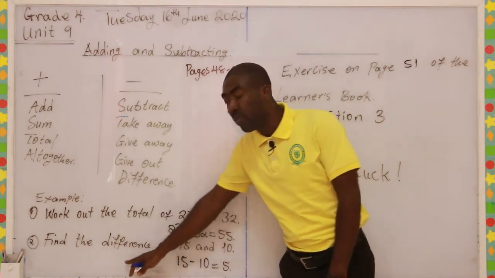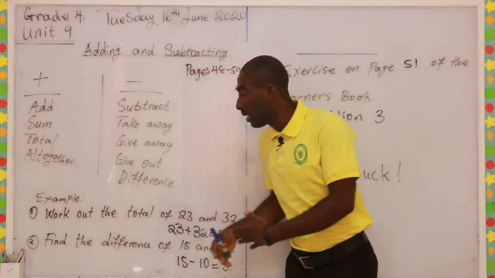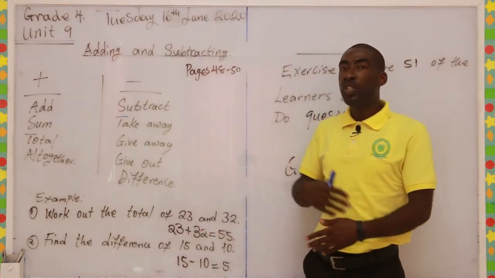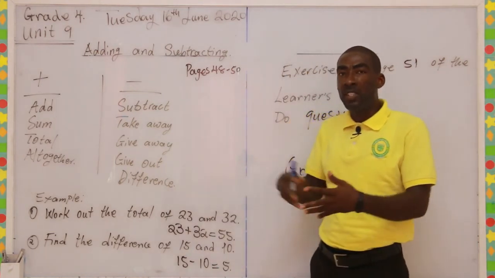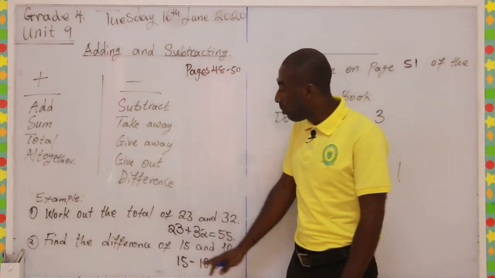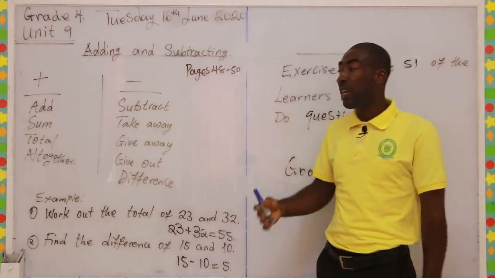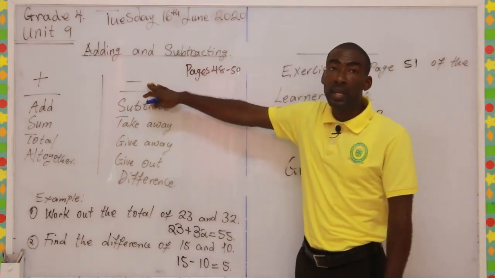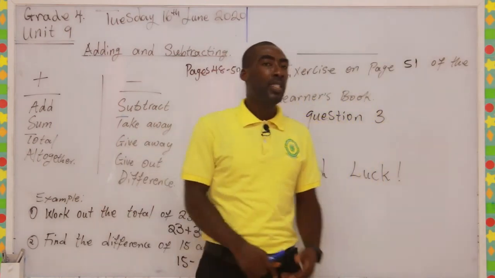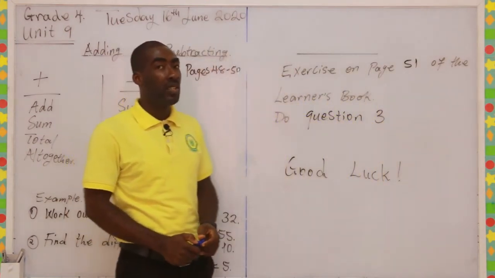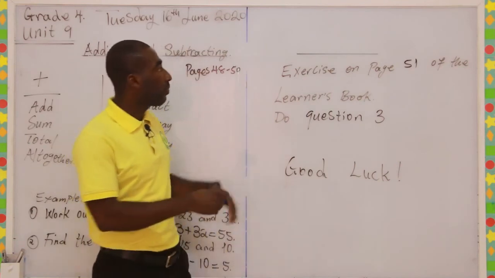It's just that the sentence is going to be changed a little bit so that the word that we want to use can fit into it properly. But it still points to the fact that you have to use your minus sign. Keep these words in mind, and you are safe with addition and subtraction word problems.